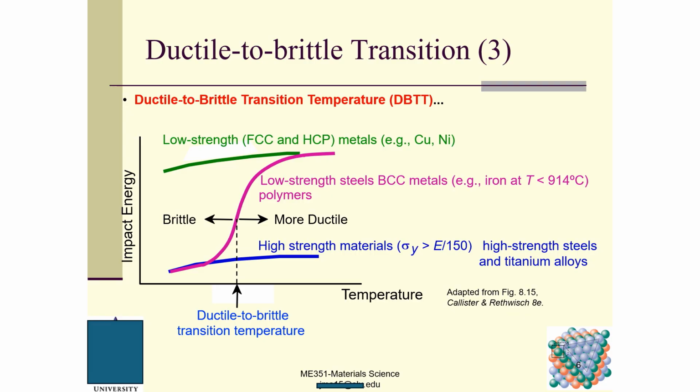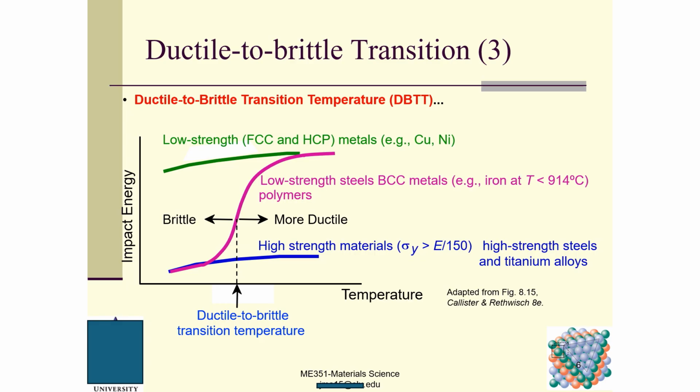For the ductile to brittle transition, we designate a temperature to indicate that transition. Here is the temperature, here is the impact energy. Here is a low strength FCC and HCP metal, for example, copper and nickel. As the temperature becomes higher, impact energy does not change too much.